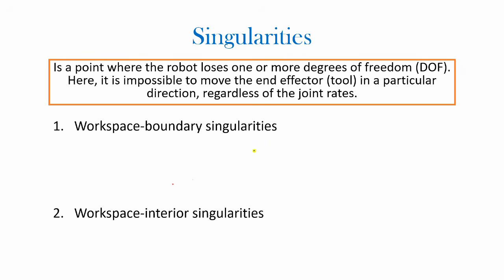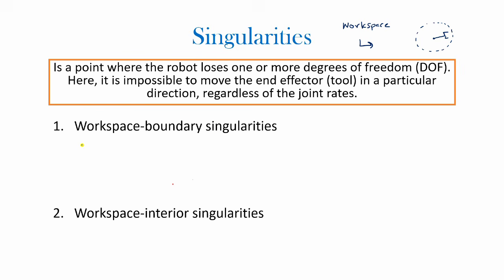Now, there are two main types of singularities: workspace boundary and workspace interior. If you're not quite familiar with the term workspace, practically it means the area that the robot can operate in. So if this is the tool of the robot, it can operate within this entire area and reach any object within this area. So that would be the workspace of the robot.